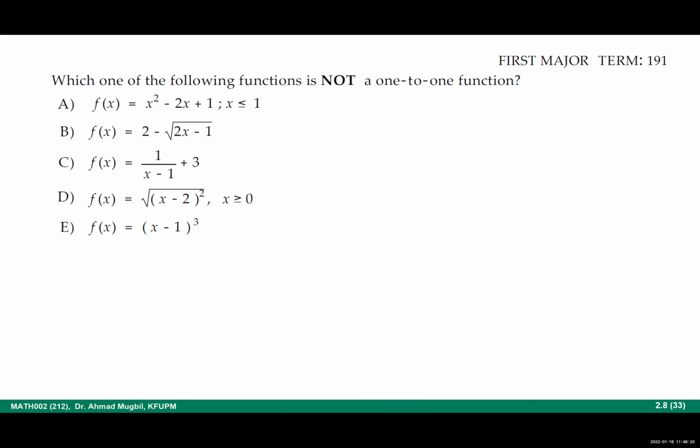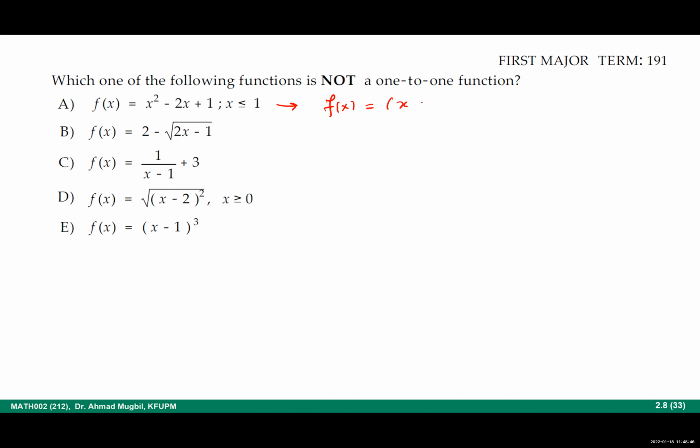I think if there is a problem, it will be A or D, right? Let's see. For B, for each x there will be only one y, and for each y there will be one x, because here we need to check. It is a function, but is it one-to-one or not? So for the first one, what is f of x here?